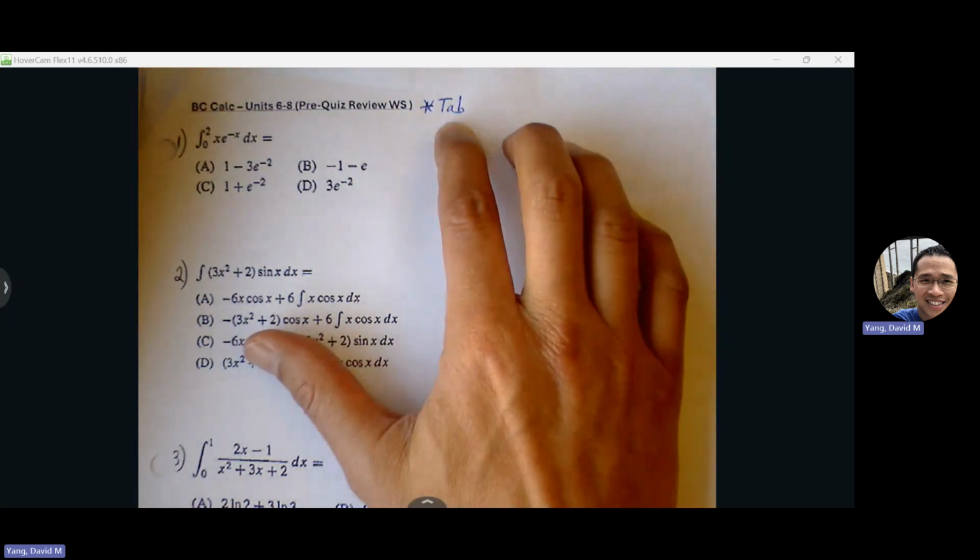Again, we can only do tab method if you're pairing 2 different types of functions being multiplied and there's no logs involved. Okay, if there's no logs involved, then you can always let your algebraic or your polynomial expression be your f.